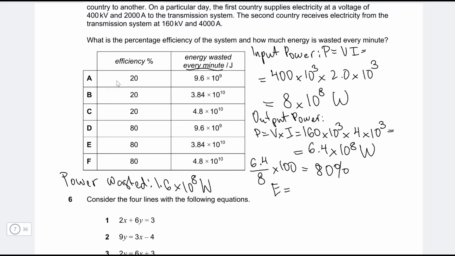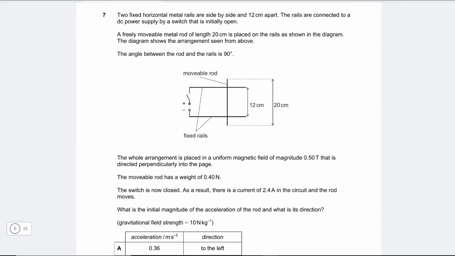So the energy is power times time, PT, which is our power, 1.6 times 10 to the power of 8 multiplied by the time, because we're talking about a minute, so that will be times 60, and multiply those out, we're going to get 9.6 times 10 to the power of 9. Correct answer is D.